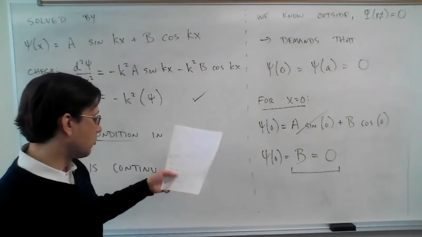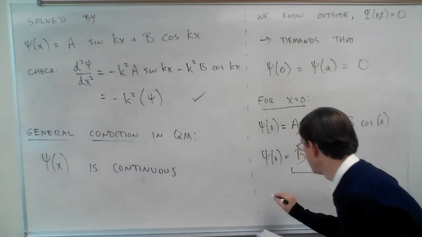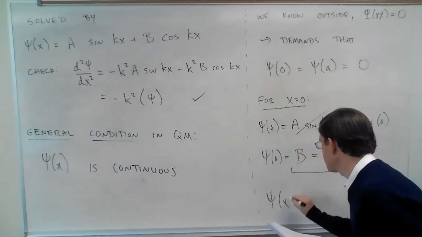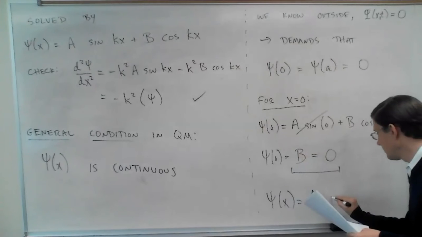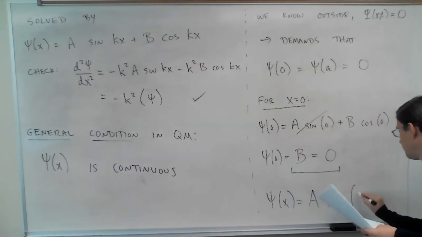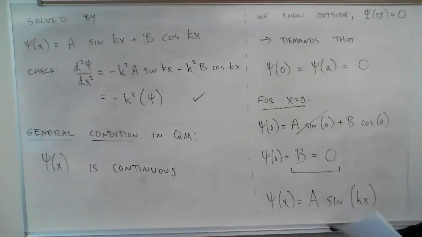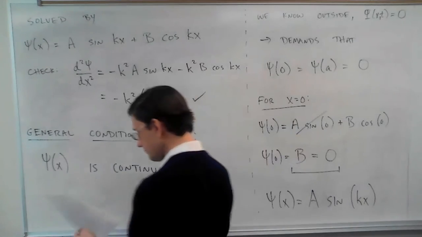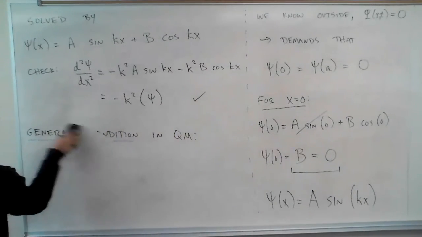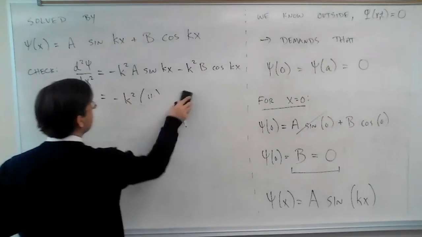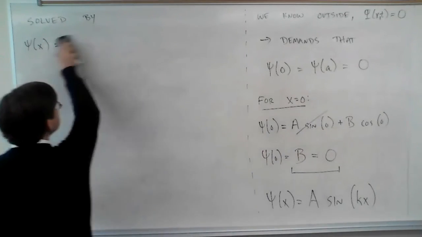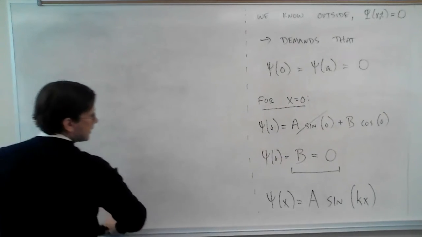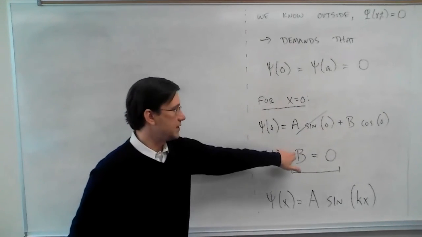So what we know so far is that psi of x is equal to some constant a times the sine of kx. We used one of the boundary conditions and eliminated one of these unknown constants.